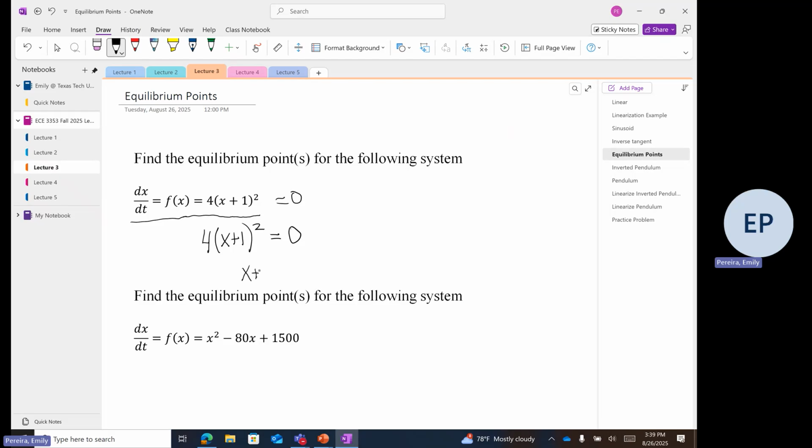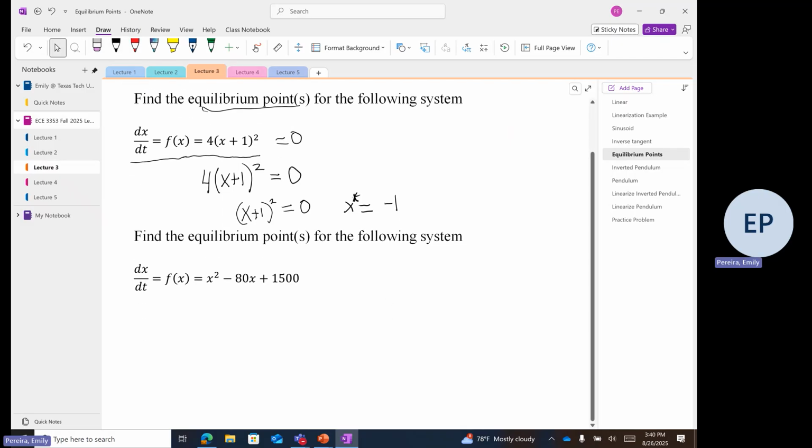If we divide by 4 on both sides, we get this. So this means that x is equal to -1. Okay, so this is going to be x star, and that's going to denote our equilibrium point.